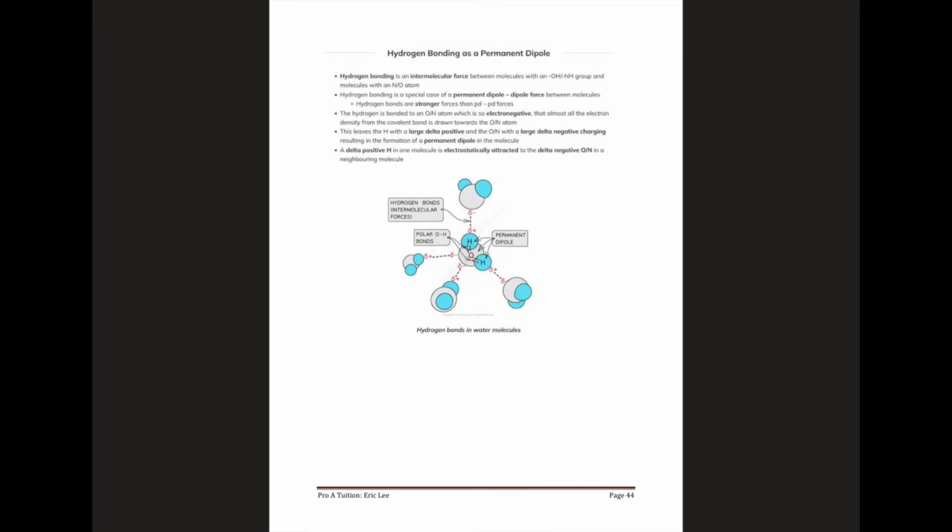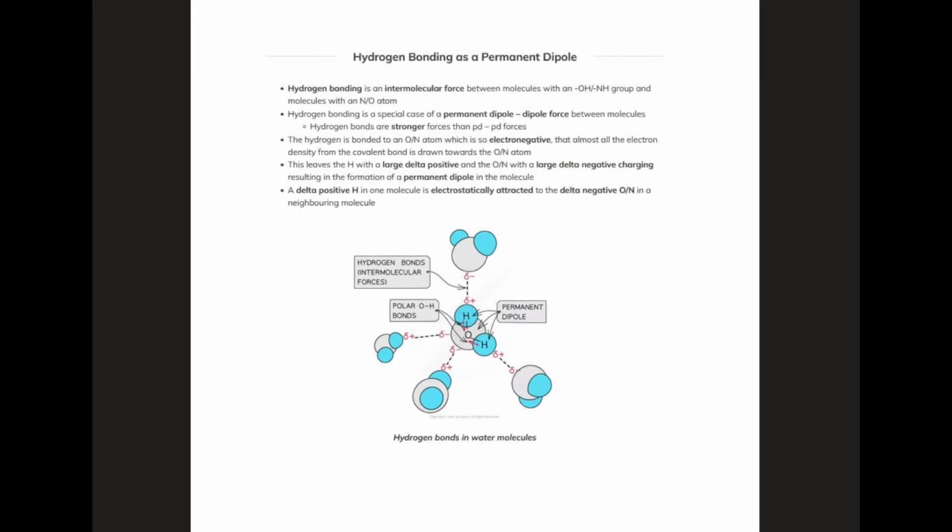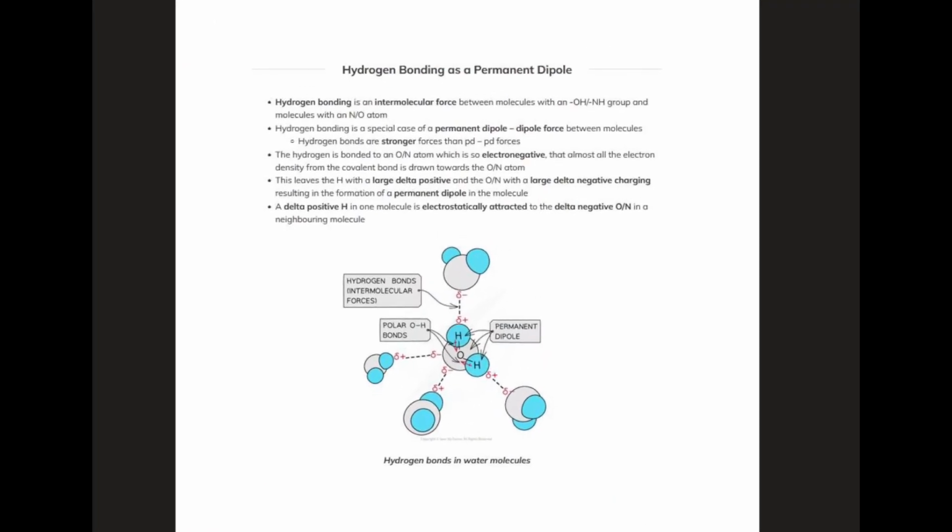Okay, so now hydrogen bonding is a permanent dipole. It's a special type. So that's why hydrogen bonding is an intermolecular force. It is a permanent dipole force. But this is the stronger one, compared to the van der Waals forces.